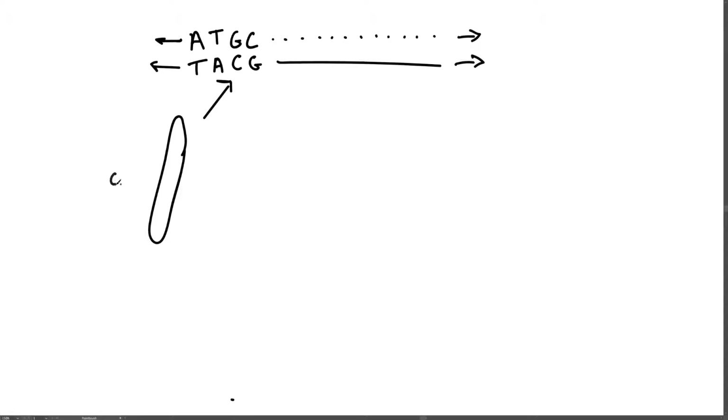So if this is chromosome 1 from your mom, and this is chromosome 1 from dad, then of course you have 22 more pairs of autosomal chromosomes, chromosome 2, 3, 4, all the way to 22.